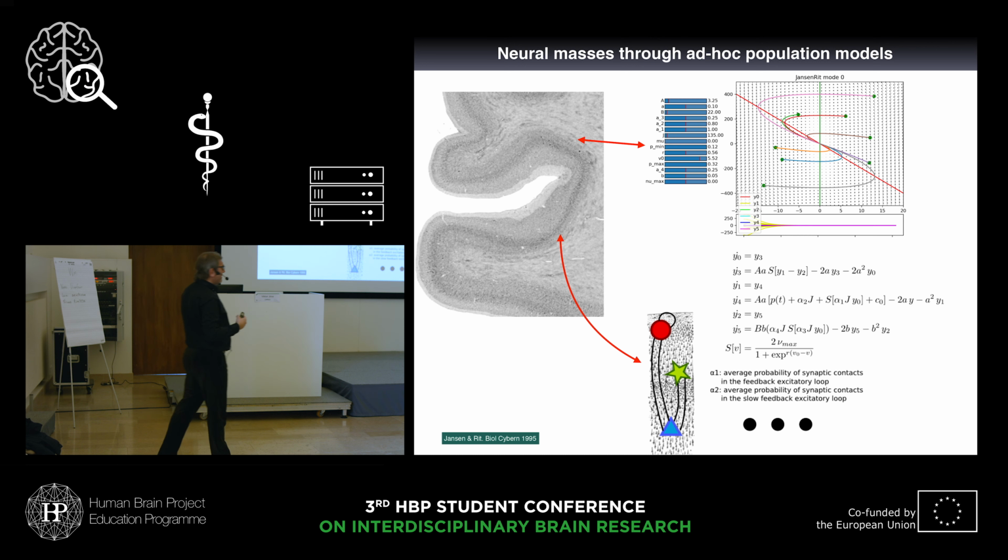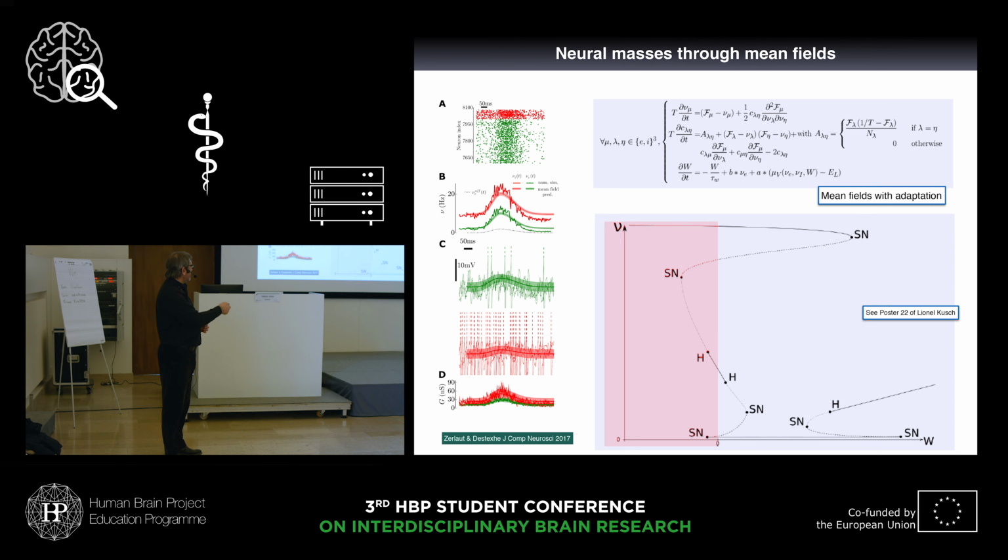When you go back to the 70s, for instance, there is basic work put forward by Wilson and Cowan, Hugh Wilson and Jack Cowan, two mathematicians who took an ad hoc approach, and they said, do I really need to, well, this didn't exist yet, but in principle, do I need to take this approach here?